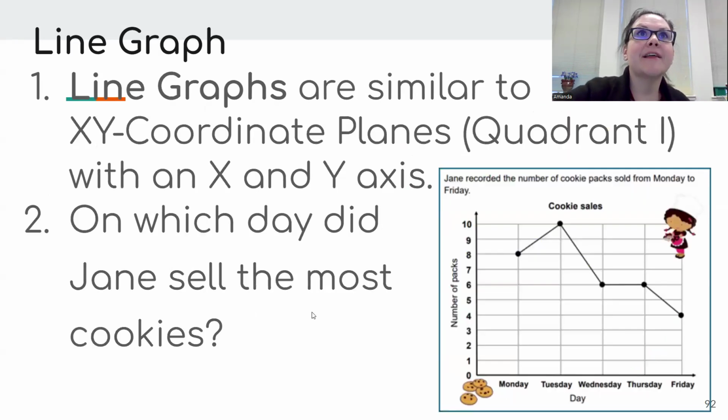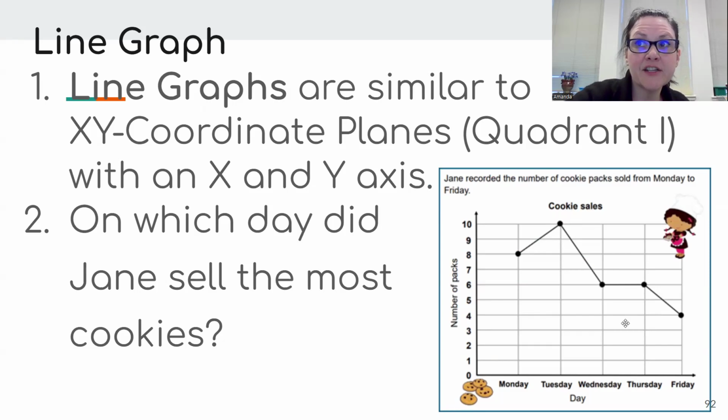All right, and then line graphs. This is exactly like quadrant 1, but now they have little lines going up and down. On which day did Jane sell the most cookies? You can see that it was the highest on Tuesday. How many cookies did she sell on Tuesday? We can see it was 10. On which day did she sell the least amount of cookies? That was Friday.